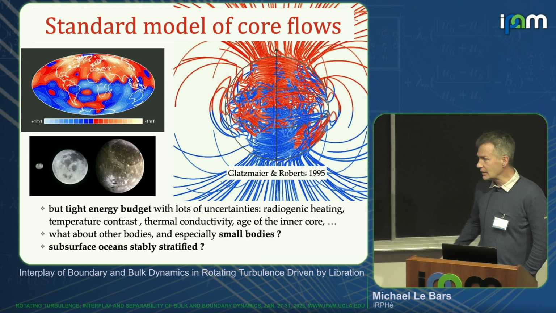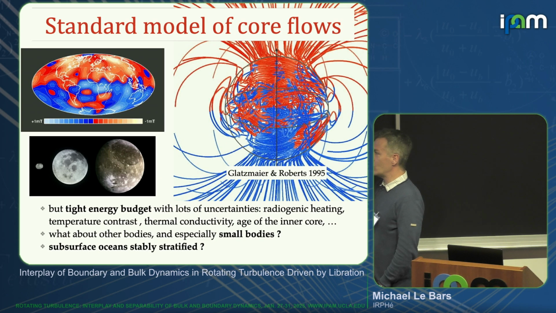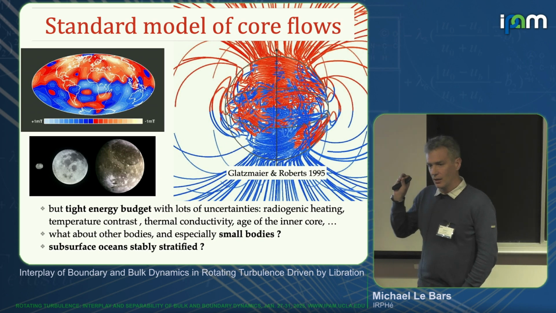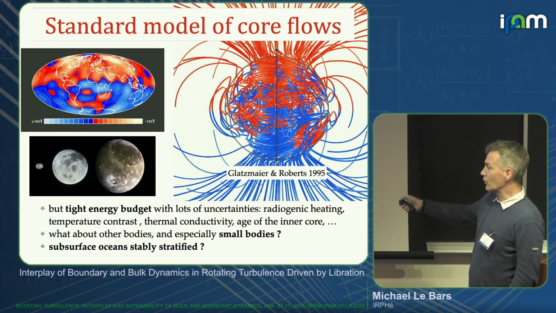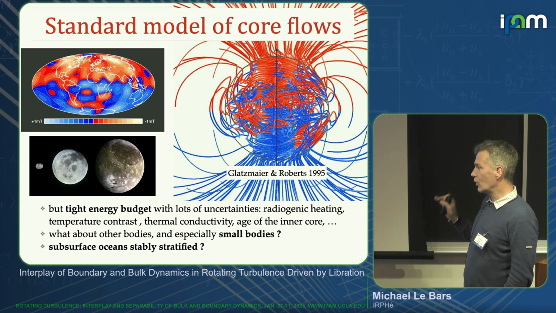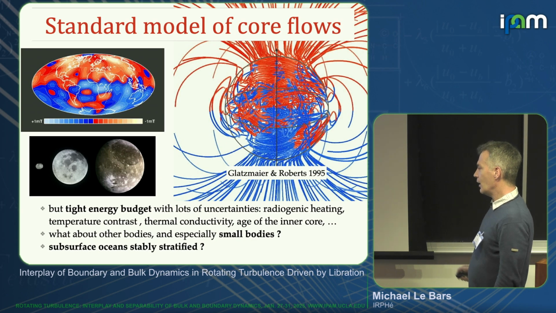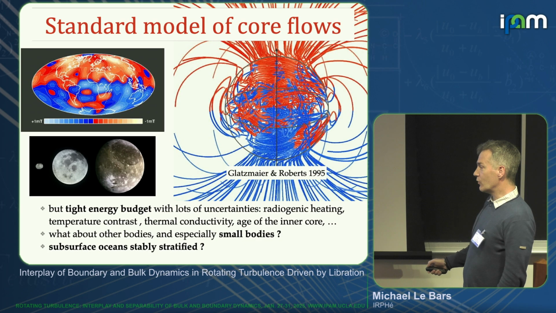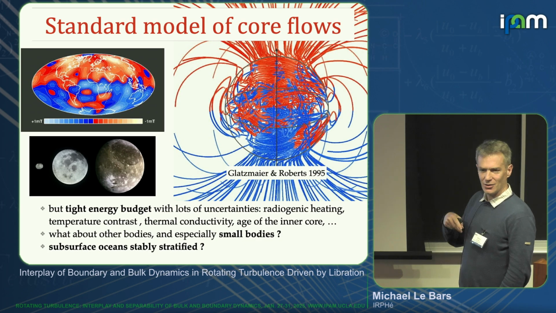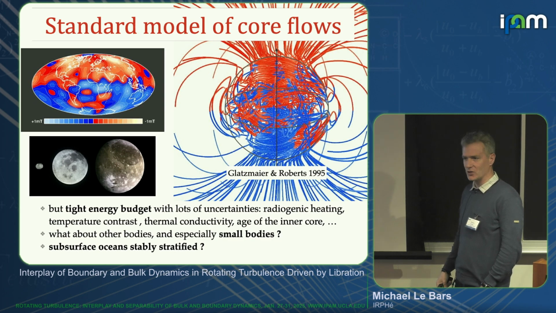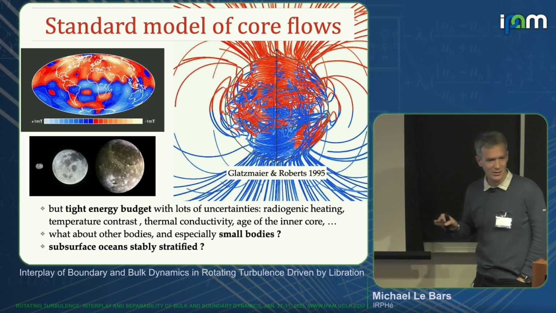The point is that the energy budget, for instance, to drive the Earth's dynamo is very tight. And so this model of convection of a dynamo might not work for smaller planets, which cool down more rapidly. They might not work for a stably stratified ocean, and I have asked several times this week whether or not the subsurface ocean was stratified, so I guess we don't know yet.